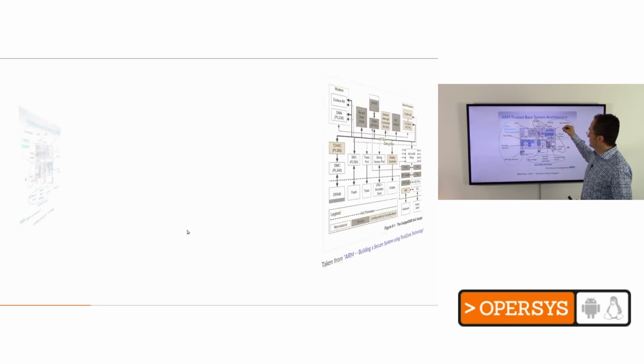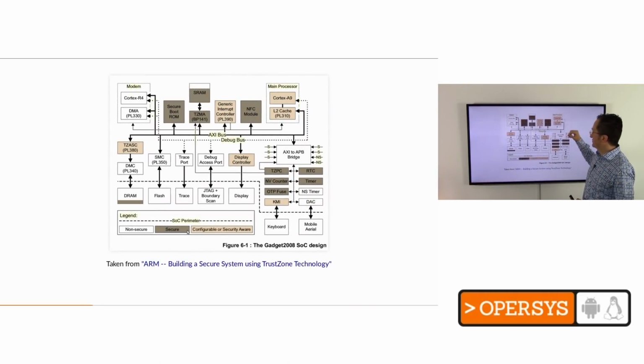Okay, so moving on a bit further down, another diagram again from ARM. Again, the color coding: the dark colored stuff is secure. The pinkish thing here is semi-secure or configurable, and then the clear stuff is not.